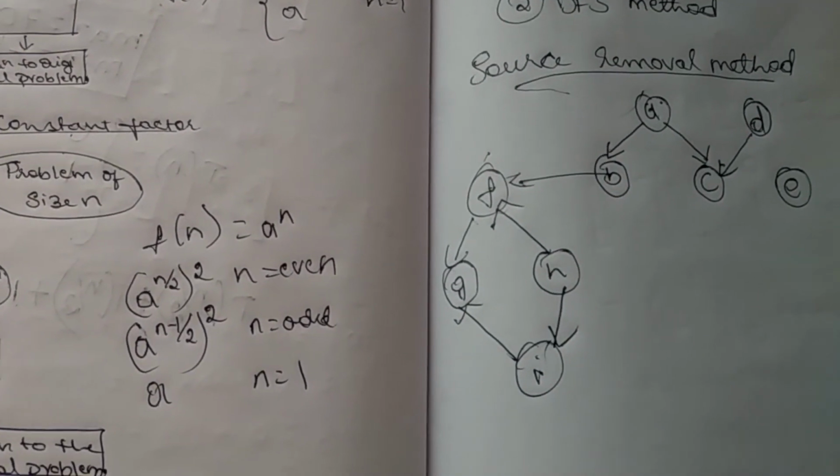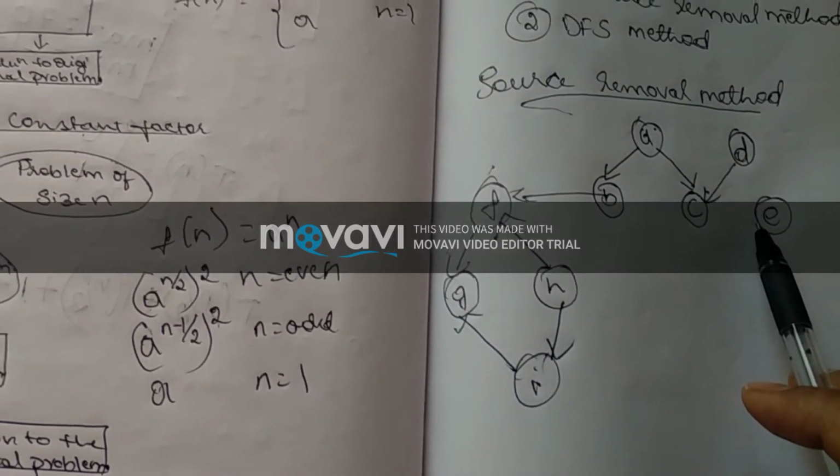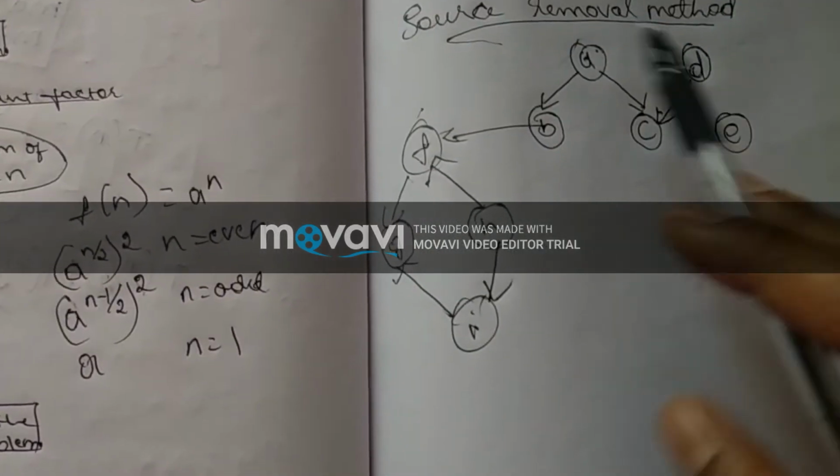This is called a pendant vertex. This is allowed because this is not a cycle. Yes, see here, I have a graph over here.